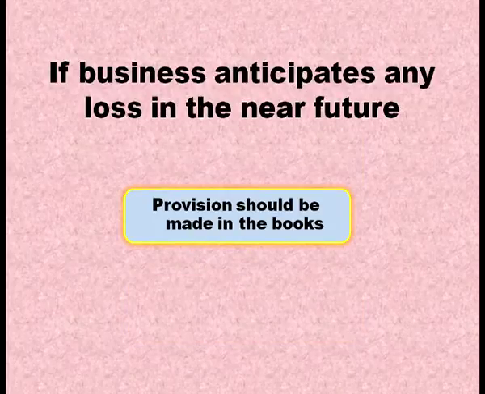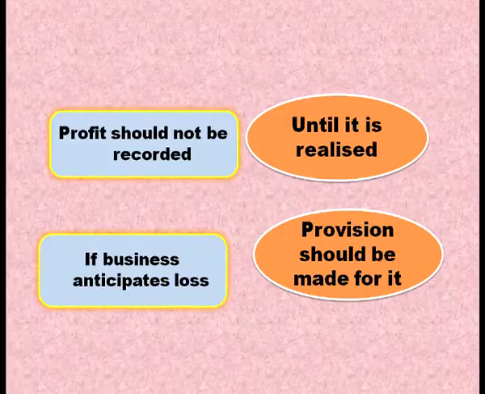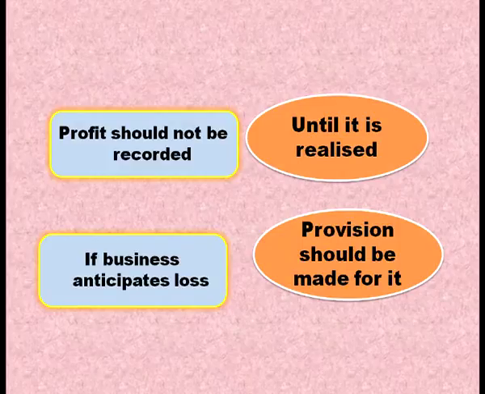If the business anticipates any loss in the near future, provision should be made in the books of accounts. So, profit should not be recorded until it is realized. If the business anticipates loss, provision should be made for it.